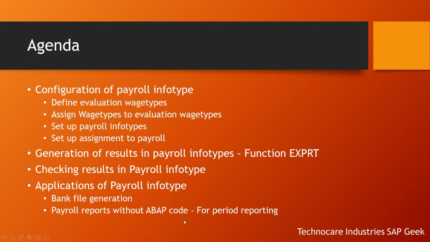The second application is for generating different reports without ABAP code. Whenever we need a customer specific report where the source is inside the payroll results, we need to take help of an ABAP consultant for designing the layout and the logic.